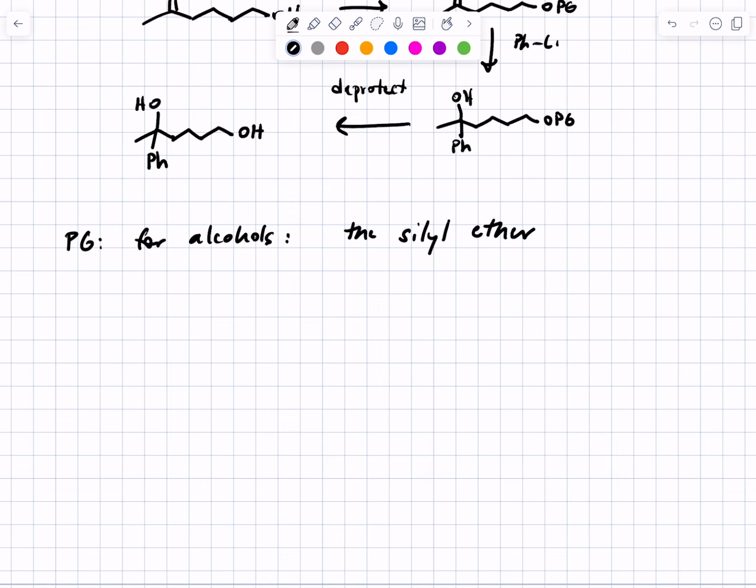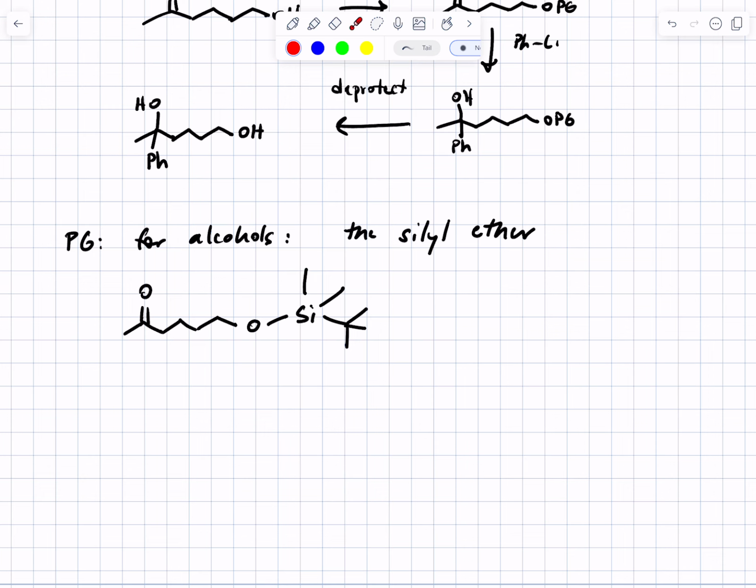So here is an example of a silyl ether. I'll draw it on the molecule that we were interested in. The silyl ether would have a silicon bonded to that oxygen, and then there are usually other alkyl groups attached to the silicon. This is the one that's used in your text. It's tert-butyl dimethyl silyl ether.